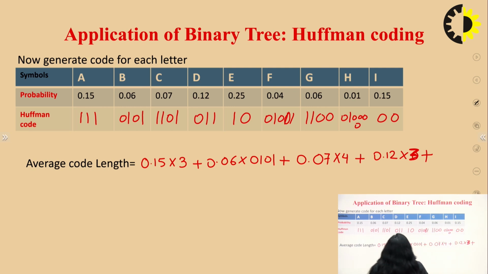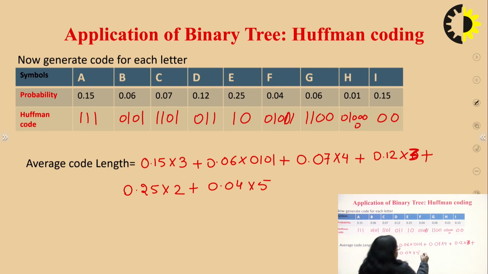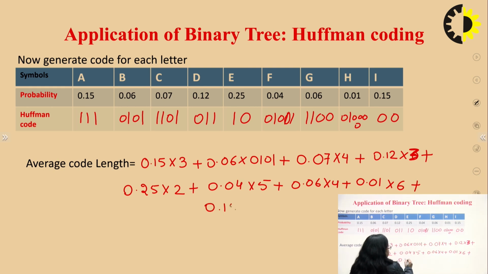Plus 0.25 into 2 plus 0.04 into 5 plus 0.06 into 4, then 0.01 into 6 plus 0.15 into 2. Again here also you need to write 4, right?